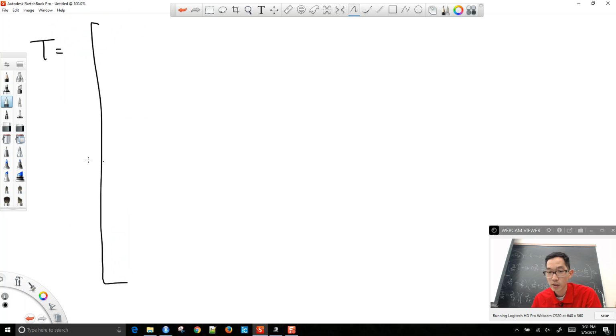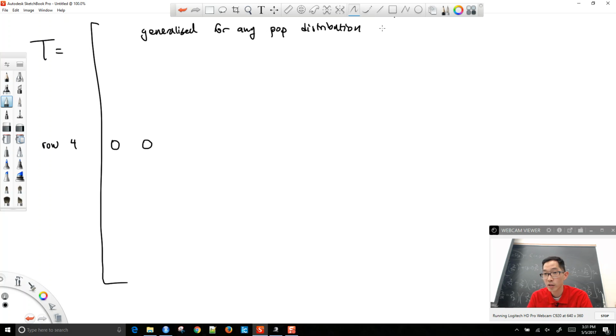Here again, I'll be in row 4. So I've got a 0 and a 0 because I can't go to islands 1 or 2. Now we're going to generalize to the case where the populations aren't necessarily in increasing order from left to right, so this will be generalized for any population distribution among the 7 islands.